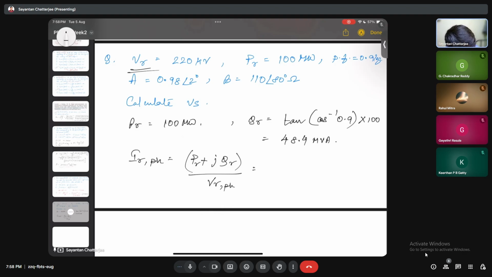So it's 100 plus j 48.4, and everything is in megawatt. So this is the three-phase power, so we need to divide by 3. This is the total power. So considering per phase, power gets divided by 3 in a balanced three-phase system. And VR is 220 by root 3.